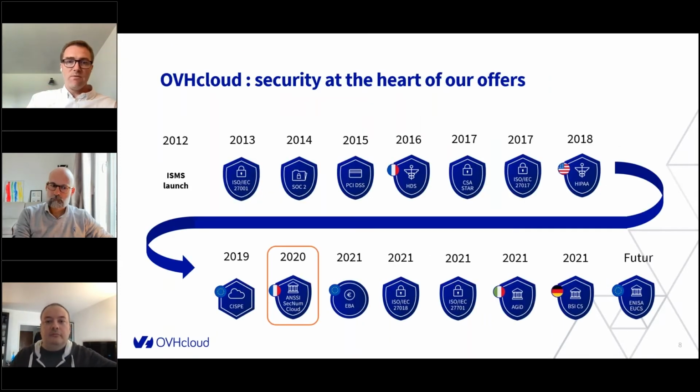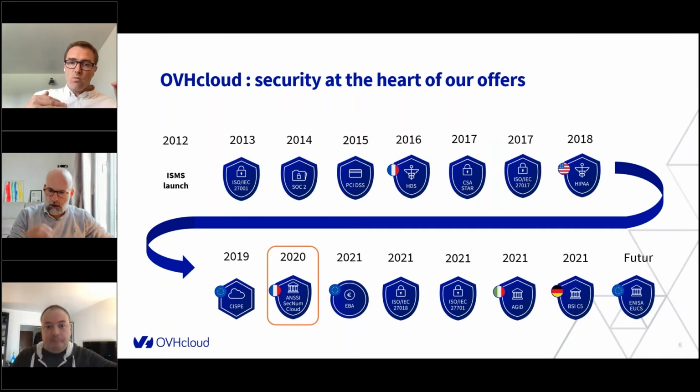And before that, because we speak about security, there are also certifications, which are a proof point from the different markets or different countries to provide a level of security qualified or certified by an organization. So you can see that we launched the VMware platform in OVHcloud in 2011, and the first available product was in 2012.